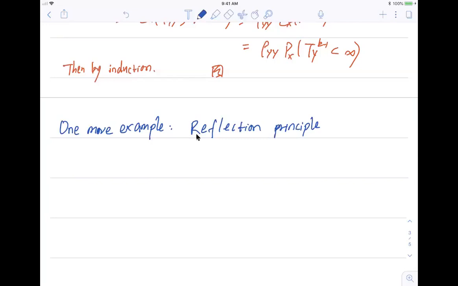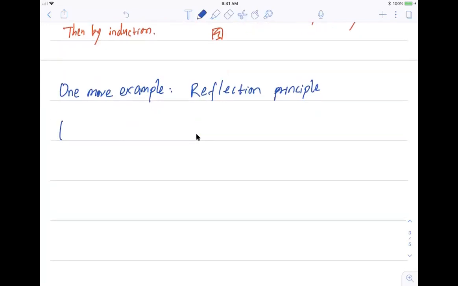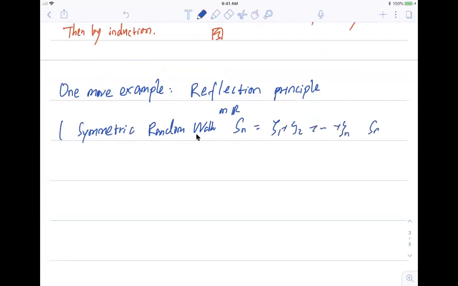So what is the basic idea? The basic idea is the following. If we have a random walk, not a simple random walk, a symmetric random walk, which means we have Sn on R. So Sn equals xi_1 plus xi_2 plus up to xi_n, with S0 equals 0, and the xi_i are IID.